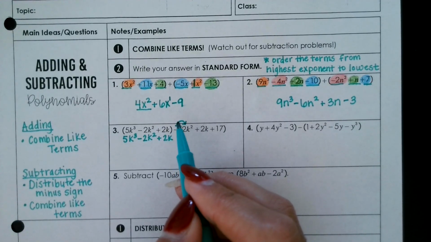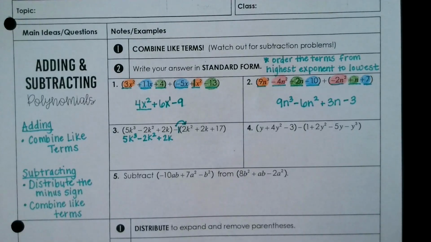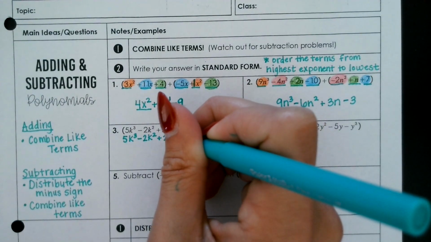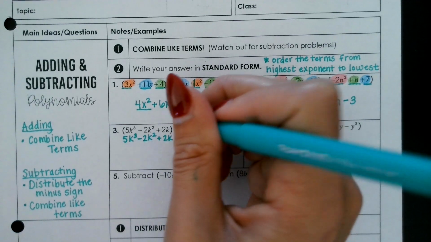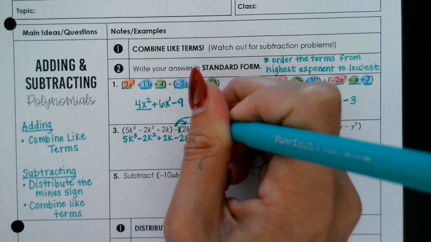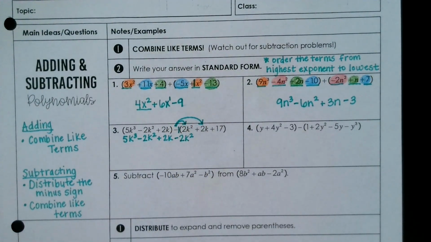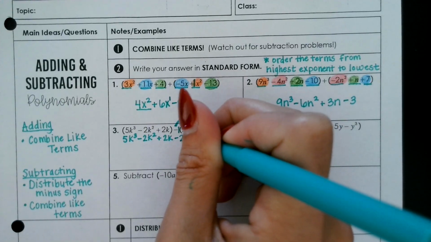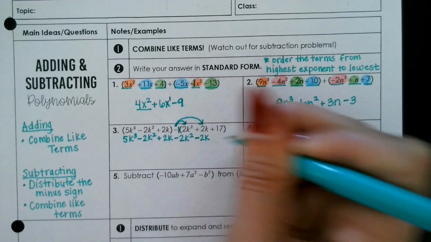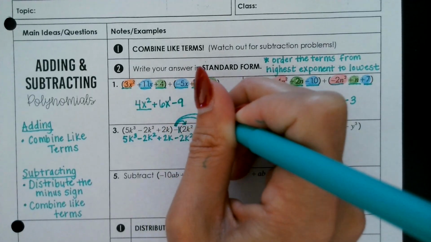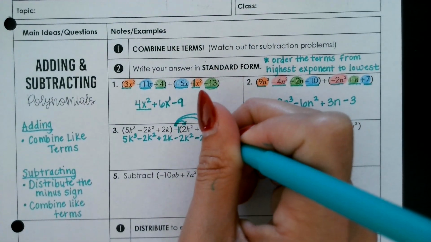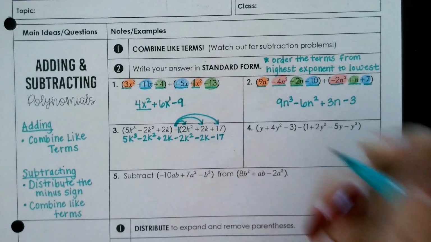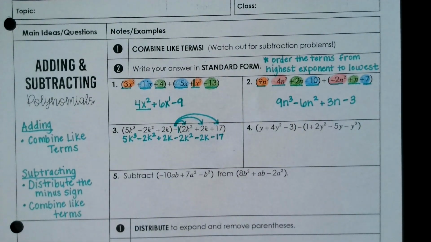So -1 times 2k squared would give you -2k squared. -1 times this 2k would give you -2k. And then -1 times the positive 17 would actually change it to -17. So when you forget to do that, it changes all your answers.